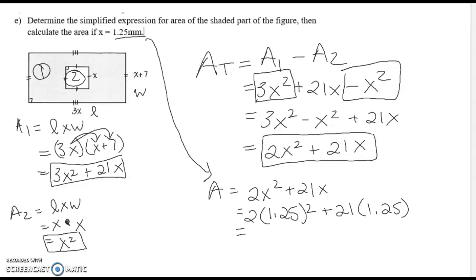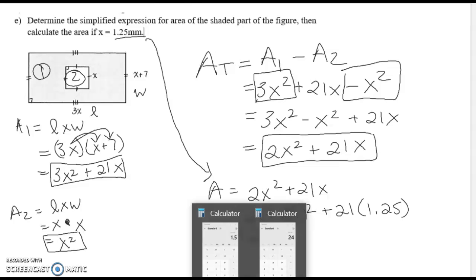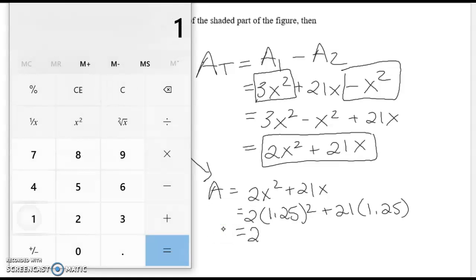Okay, so first things first, in our calculator, we will have to figure out what 1.25 times 1.25 is. So squared, 1.25 times 1.25. Oh, I do have a squared button here. 1.25 squared. Okay, so 1.5625.